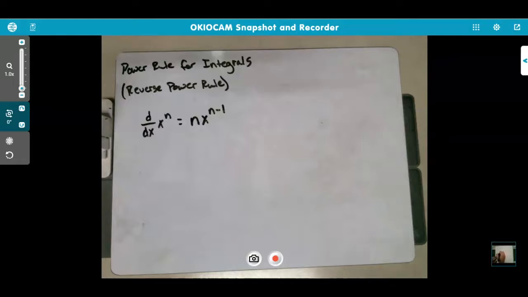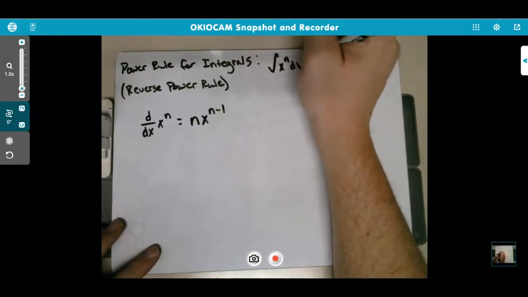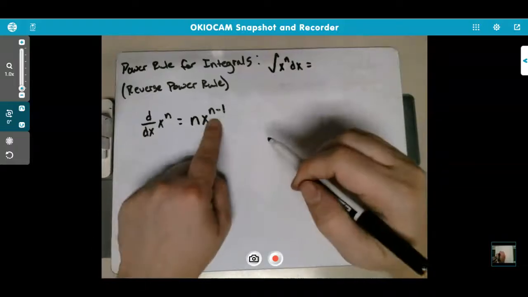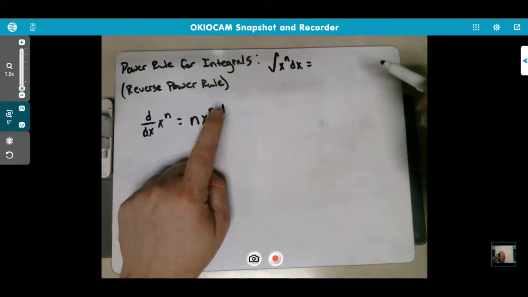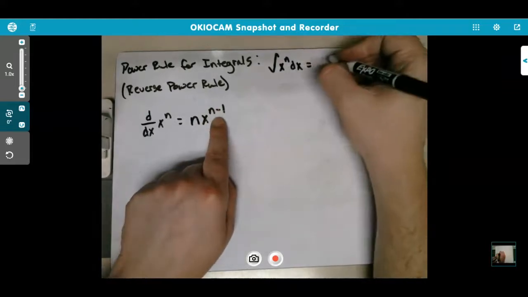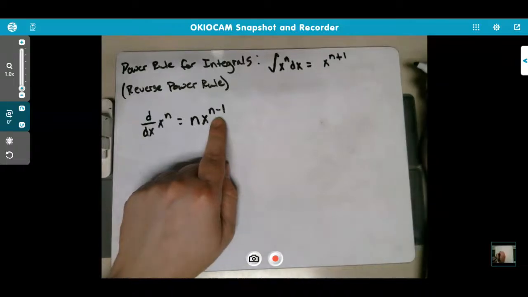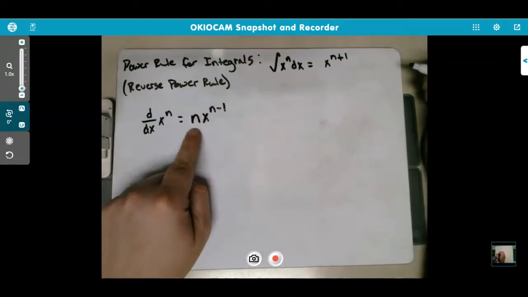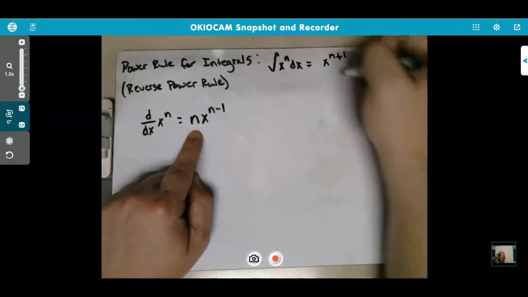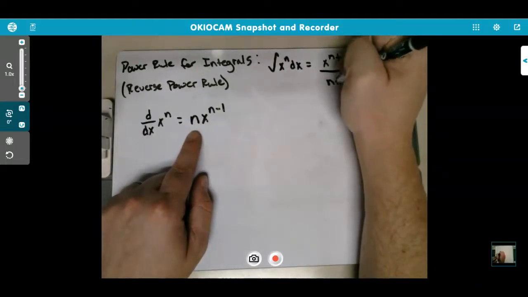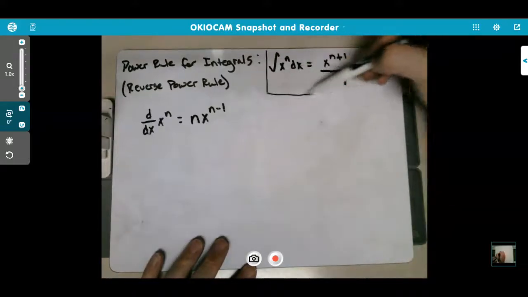So if I want to go backwards, and I want to do the integral of x to the n dx, since I decreased by 1 taking the derivative, I want to increase by 1 when I'm taking the antiderivative. I multiplied by the larger power here, which means I'm going to divide by the larger power there. So this is the reverse power rule.